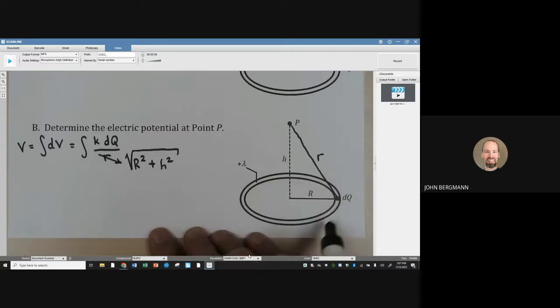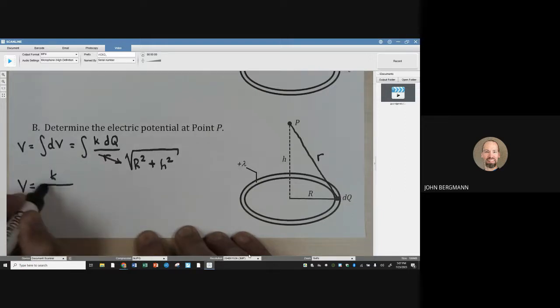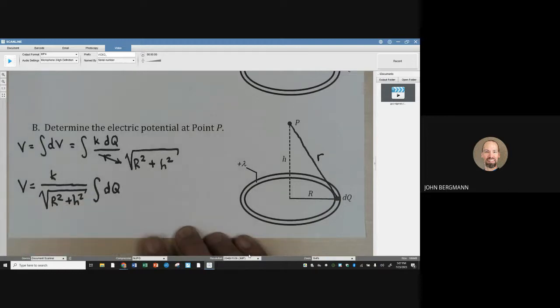Every one of these little dq's has the same value of little r, which means this thing in the denominator, as well as k, can be pulled out of the integral, and we are left with, let's put on the front there, k over the square root of big R squared plus h squared. And now we need to just integrate dq, which means we need the total amount of charge. The total amount of charge is going to be the charge per length, lambda, multiplied by the circumference of that ring.